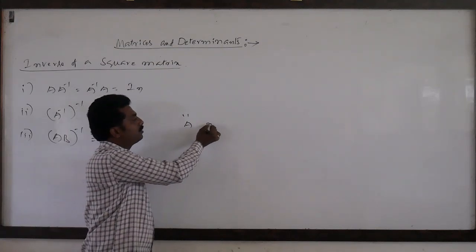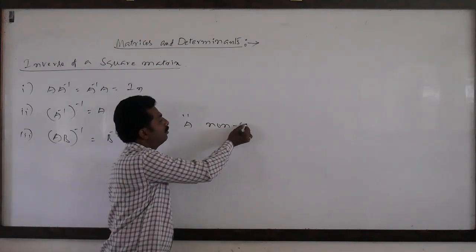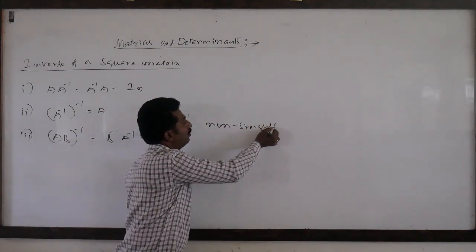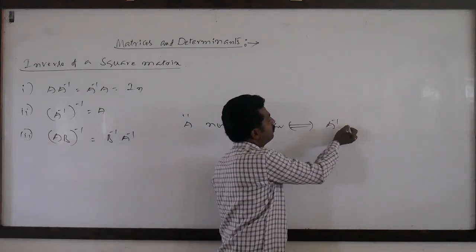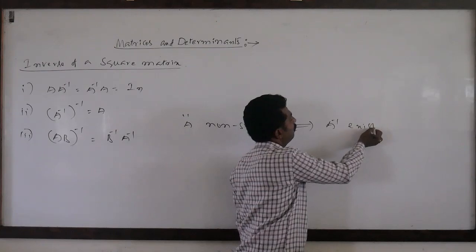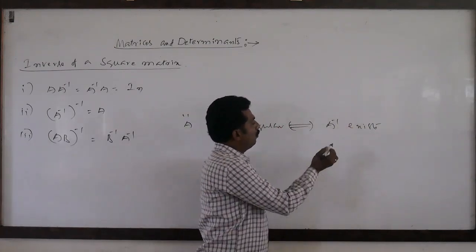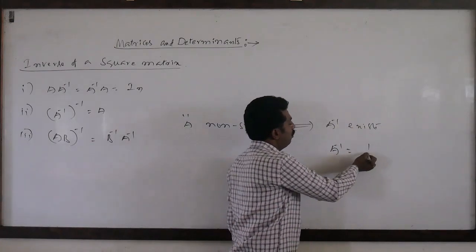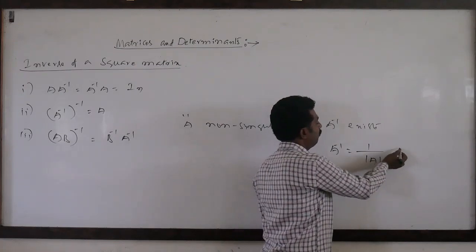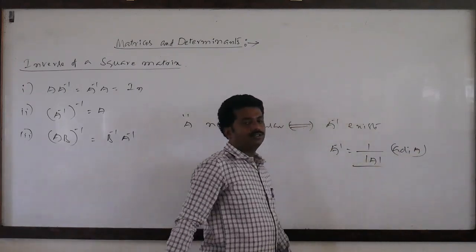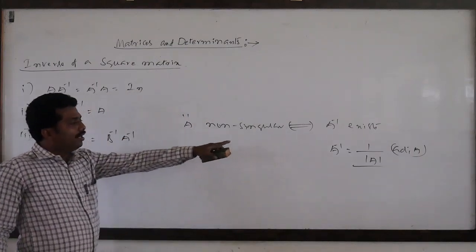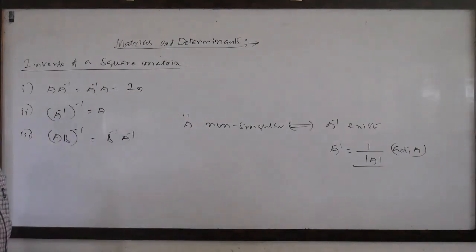A is non-singular if and only if A inverse exists. So what is A inverse? It is 1 divided by the determinant of A into the adjoint of A. This is most important: A inverse equals 1 by determinant of A into adjoint of A. Next.